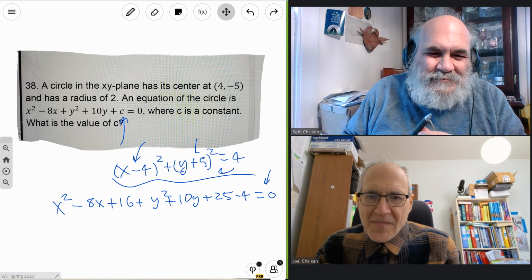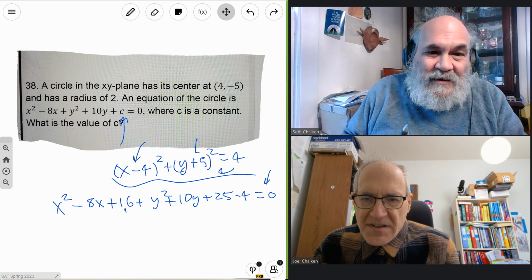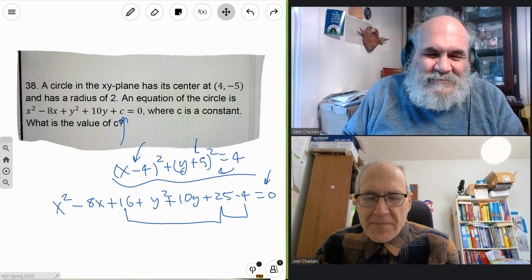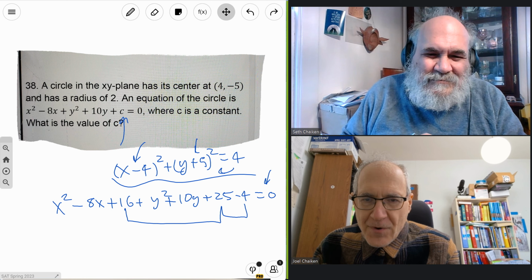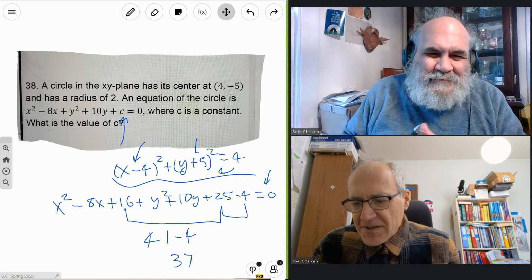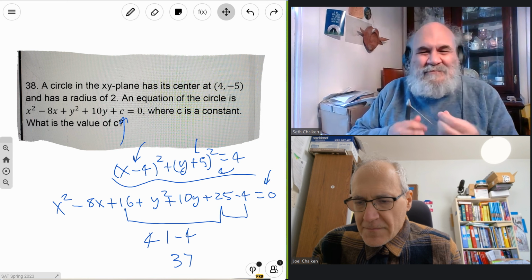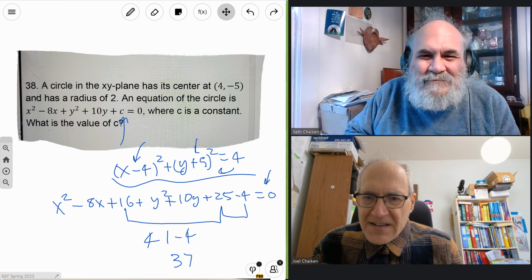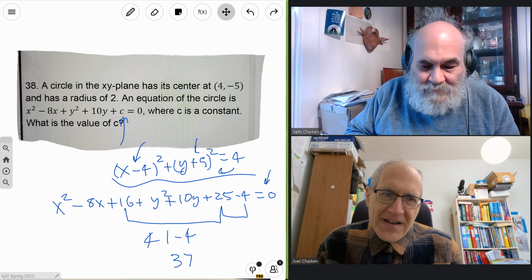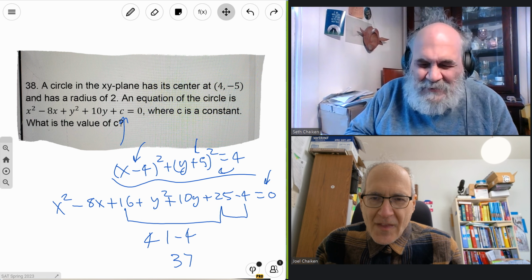So the only things you care about are the constants: 16, 25, and -4. 16 plus 25 minus 4 is 37, and it is a positive 37. So it looks like the answer is 37.